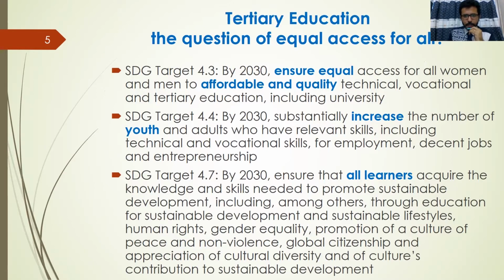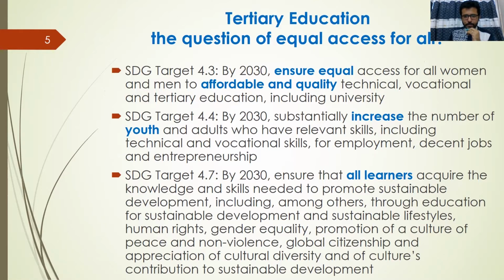So in tertiary education we should have equal access, because SDG 4.3 mentions ensuring equal access to affordable and quality education, and SDG 4.4 increases the number of youths with skills, and SDG 4.7 covers all learners. These all mention everyone.